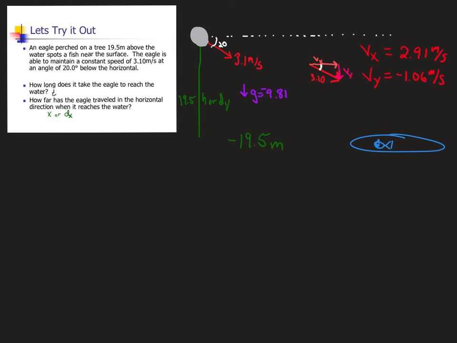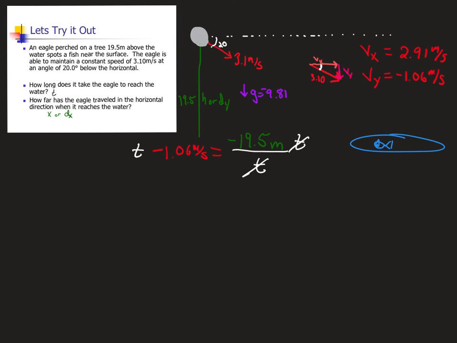And then we can divide that by that. We then have a negative 1.06 meters per second. Now the signs are going to work themselves out, multiplying and algebraically manipulating this. Multiply both sides by t. Those cancel out.